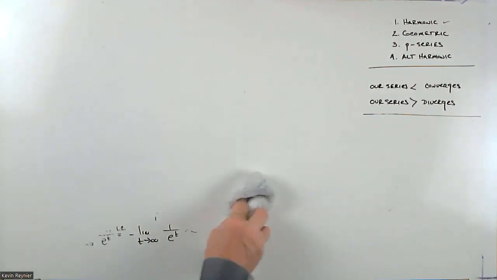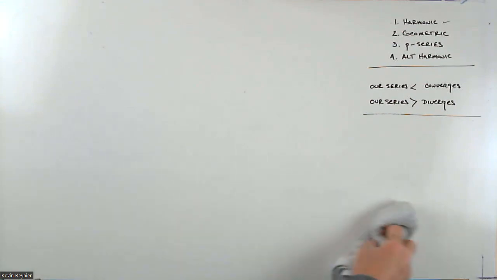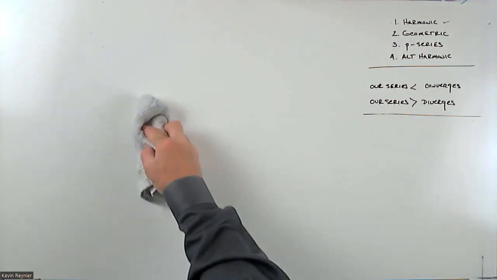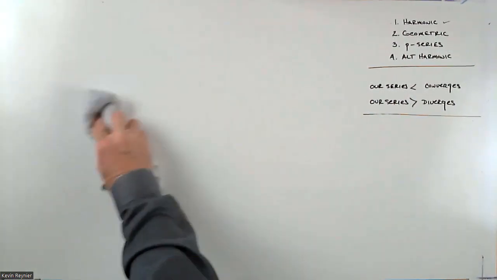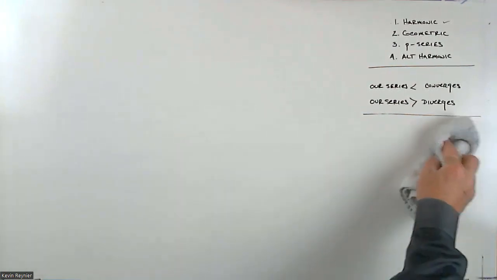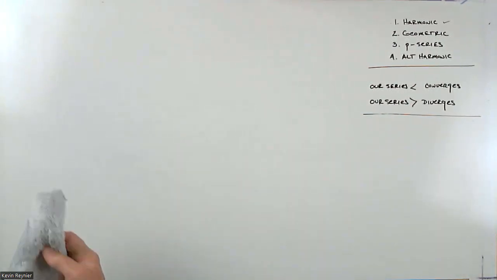That one had everything. We had L'Hopital's rule. We had an improper integral. We got to take the derivative and see if the function was increasing or decreasing. We got to talk about continuity. That was a little bit of everything, wasn't it?